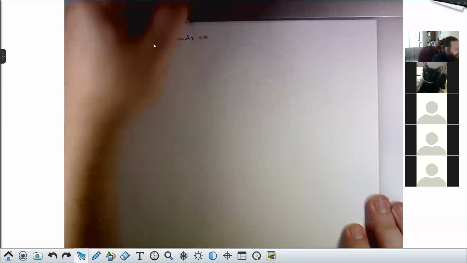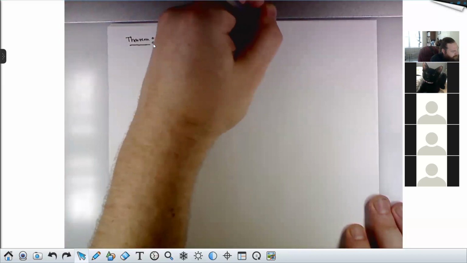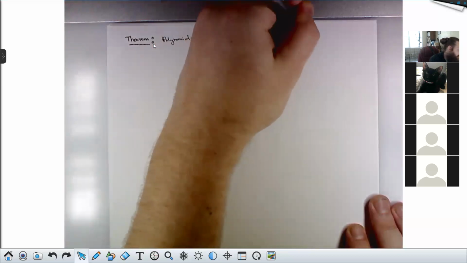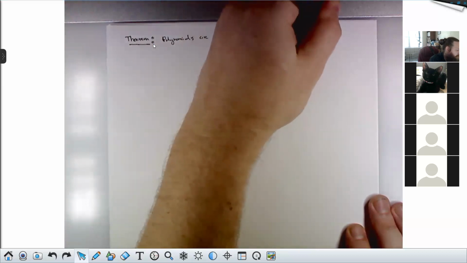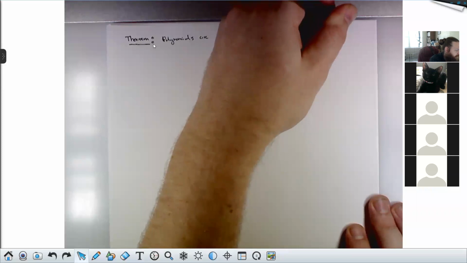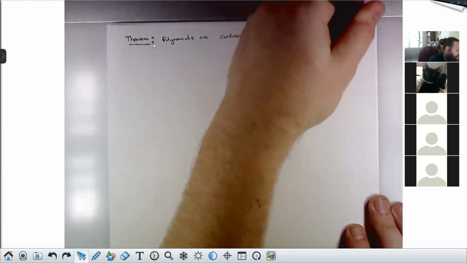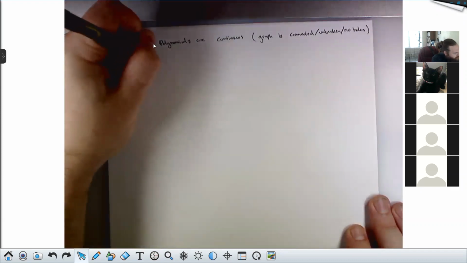Polynomials are continuous, meaning the graph is unbroken. Another word for that is connected, single piece. No holes or gaps. And smooth.